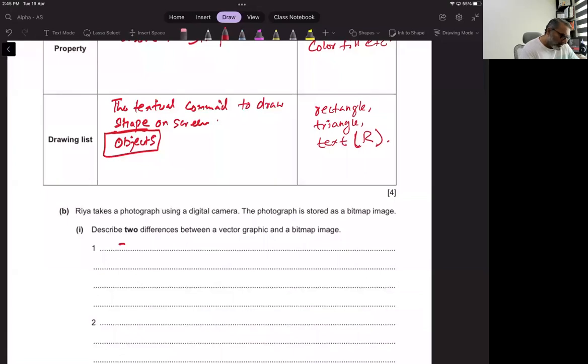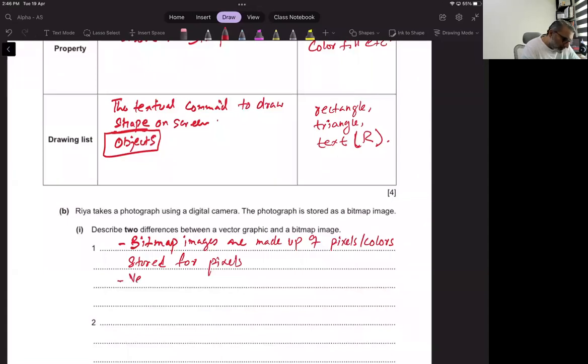First of all, bitmap images are made up of pixels or colors stored for pixels.